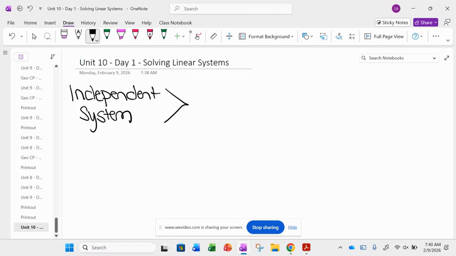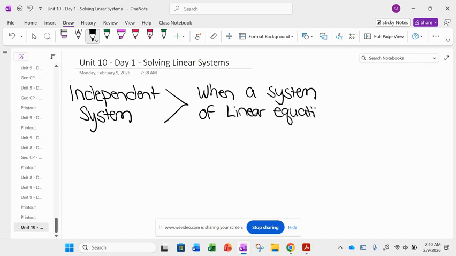So an independent system is when a system of equations has exactly one solution. And we know a linear equation is a line.